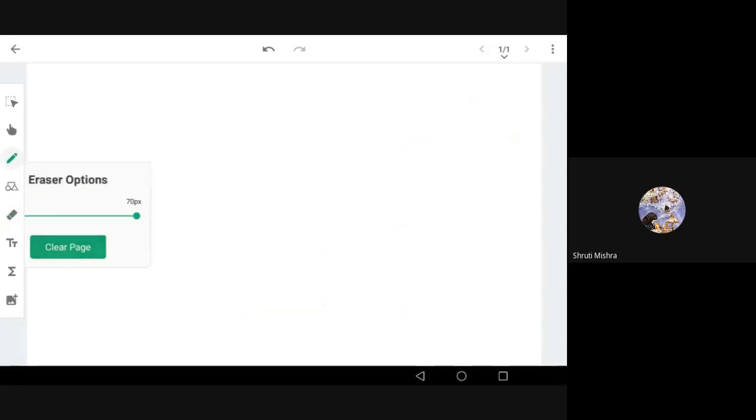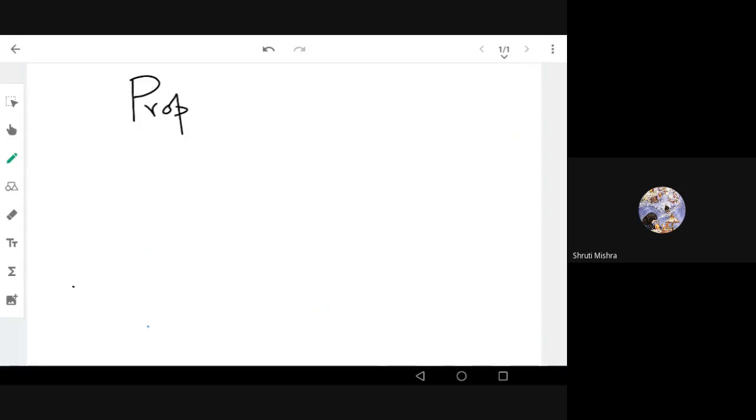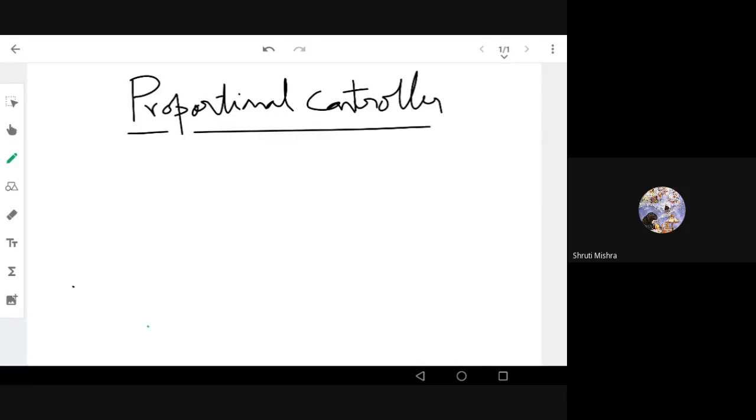Now, yesterday we discussed the proportional controller. What is the meaning of proportional controller? The proportional controller is a simpler controller. I think we discussed it yesterday. The proportional controller is the controller where my output, let u(t) be the output of my controller, u(t) is directly proportional to the error.